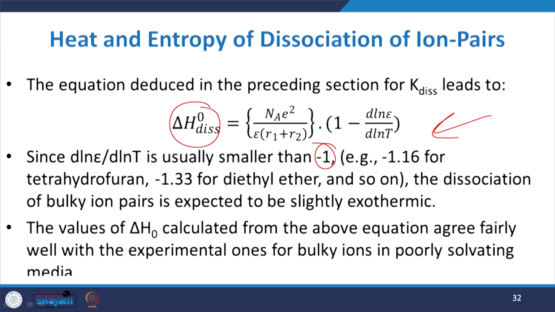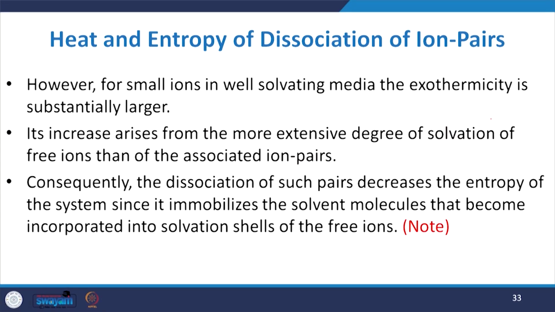So, the values of enthalpy that may be calculated from this equation agree fairly well with the experimental ones for bulky ions in poorly solvating media. When we talk about the heat and entropy of dissociation for a small ion in a well solvating medium, the exothermicity is substantially larger.